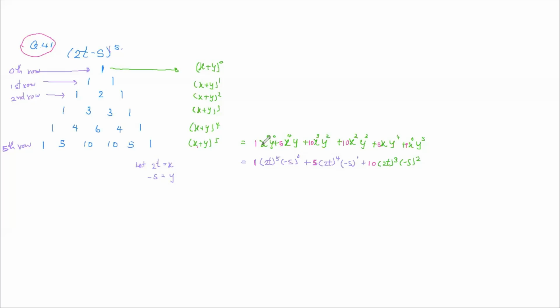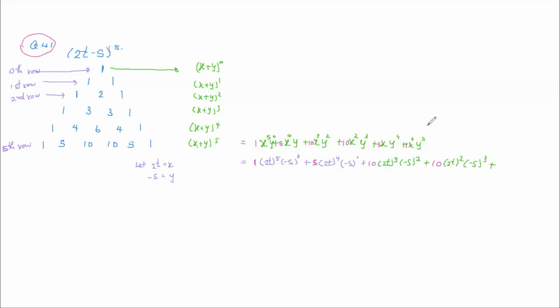Now 1, 2, 3, 4. Now next, plus another coefficient for the next term, which is a 10. Okay, so then you write down x is 2t power 2, and y is negative s power 3.